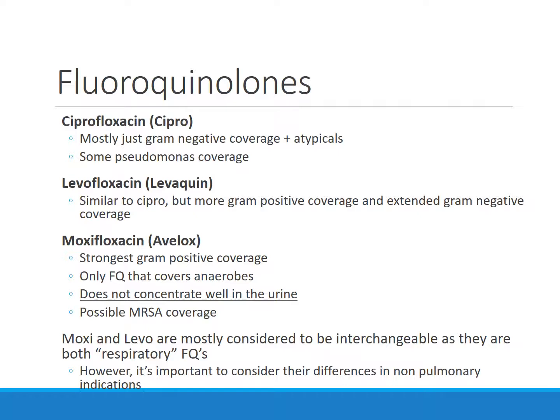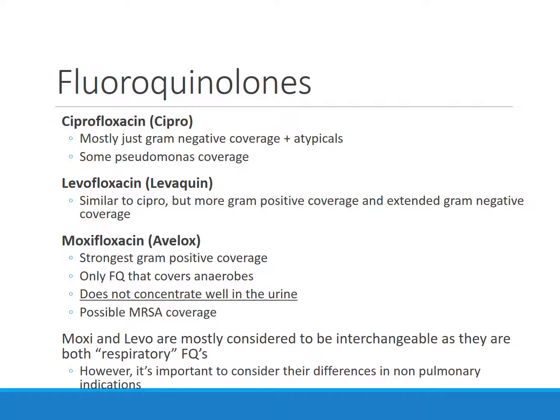Now, Moxi is very similar to Levaquin. In fact, a lot of people consider them to be interchangeable. However, it actually has some pretty substantial differences. Strongest gram-positive coverage, and actually probably covers some MRSA. However, we don't really use it much for that. It's the only fluoroquinolone that can cover anaerobes. And the other big difference is it doesn't concentrate well in the urine.